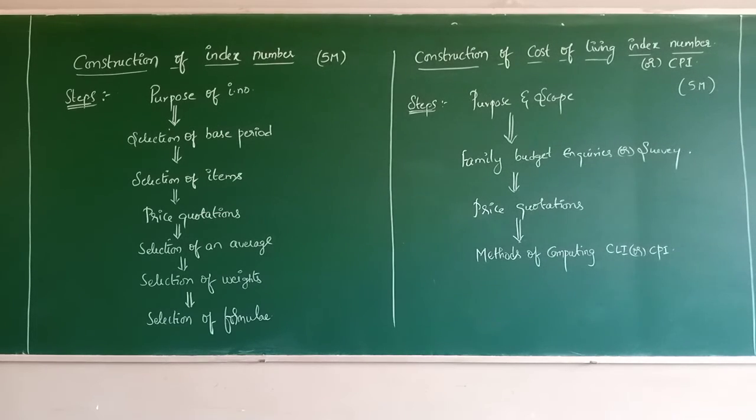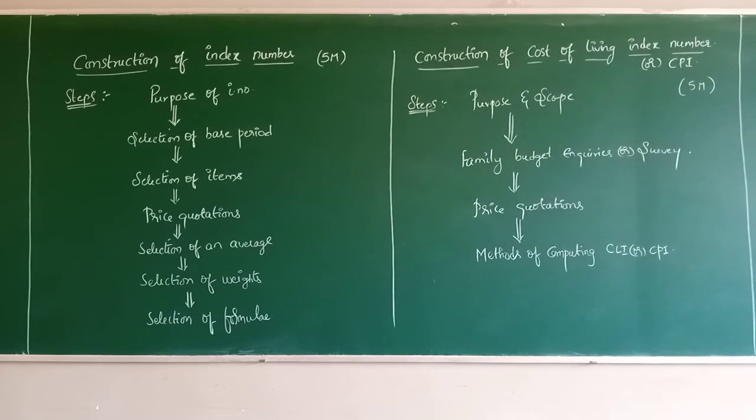Next, selection of weights. Weights means quantity. So proper weight should be attached to the various items depending upon their relative importance. All the items may not have the same weightage. Like at home, sugar daily, 3 to 4 spoons we use. But rice, 3 to 4 cups.